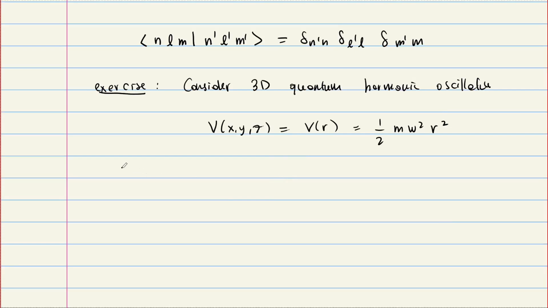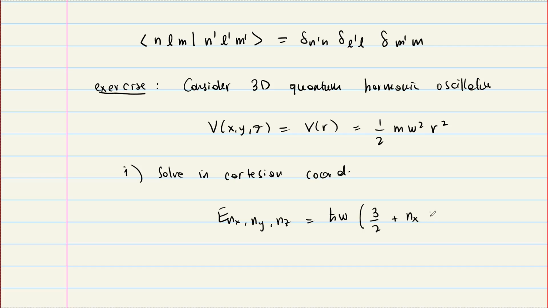First, you can solve this in Cartesian coordinates. So E is going to have 3 indices, one for each direction, n_x, n_y, and n_z, and E is h bar omega times (n_x plus n_y plus n_z plus 3/2).